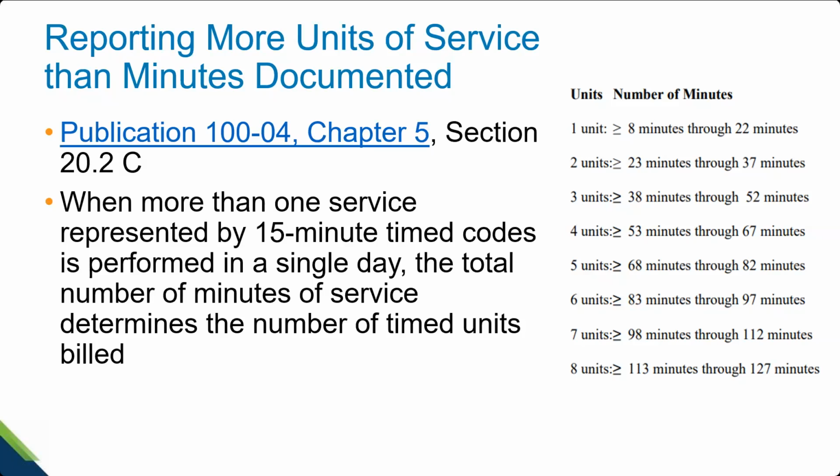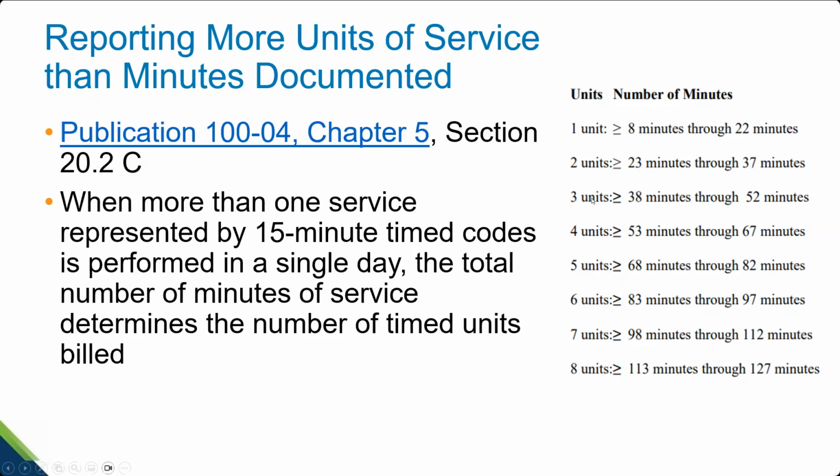So I'm going to give you an example. 24 minutes of neuromuscular reeducation, which is 97112, was provided. And then they also provided 23 minutes of therapeutic exercise, 97110. So 24 minutes of 97112, 23 minutes of 97110, which makes for a total treatment time of 47 minutes.